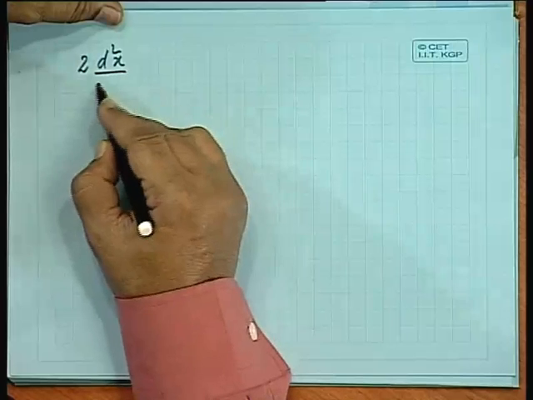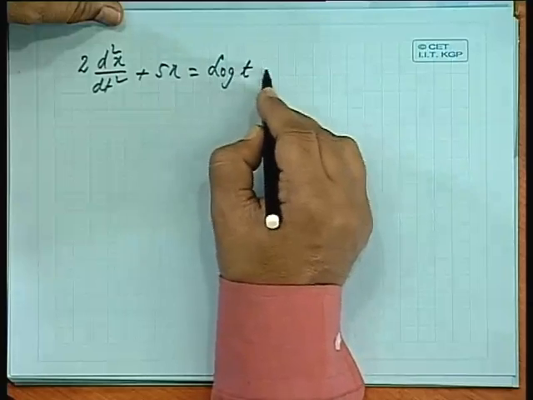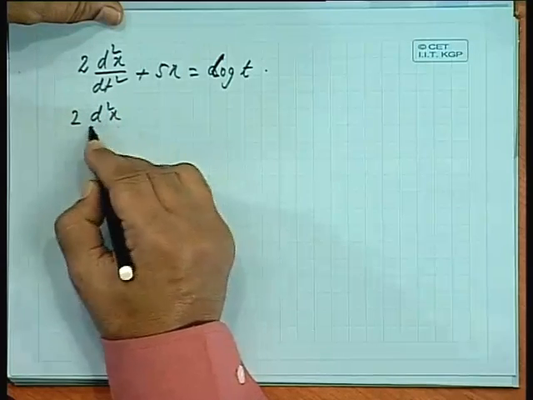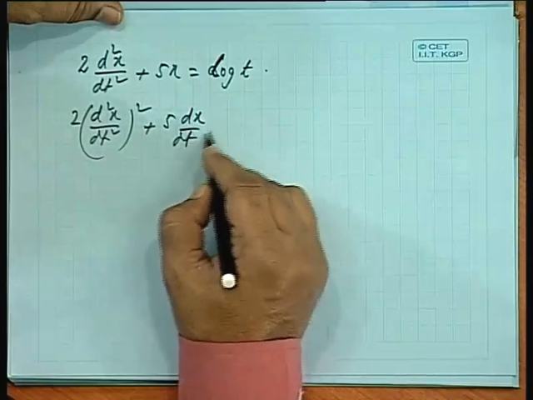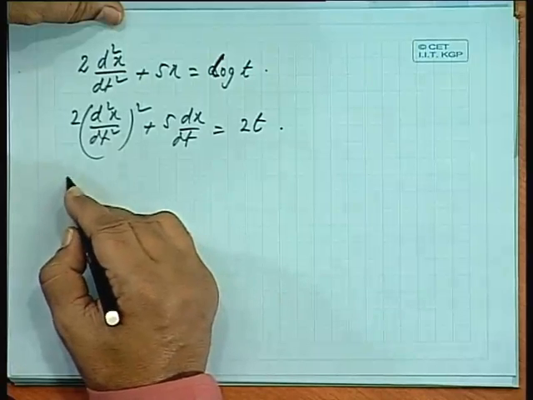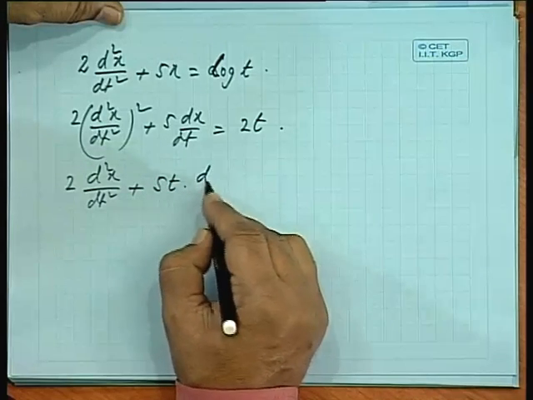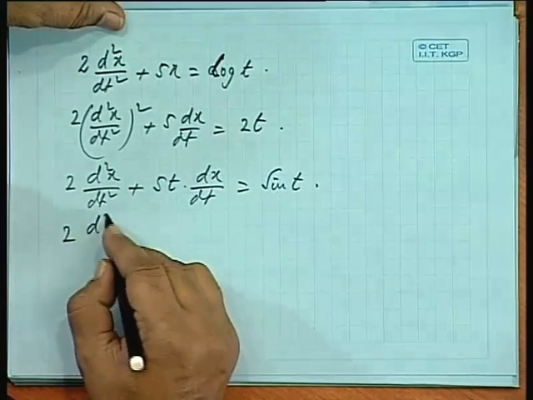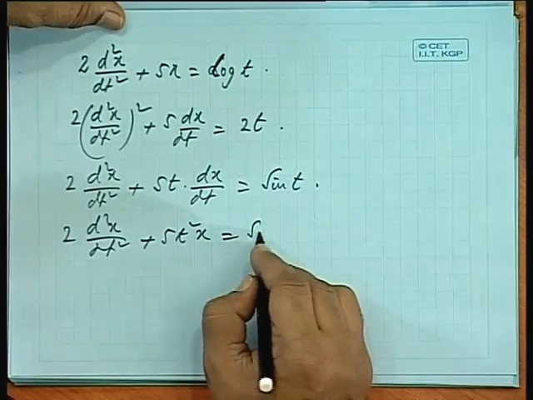In a dynamic system, suppose you have differential equations: d square x by dt squared plus 5x is equal to log of t; or 2 into d square x by dt squared, whole squared, plus 5 dx by dt is equal to 2t; or 2 into d square x by dt squared plus 5t into dx by dt is equal to sin t; and 2 into d square x by dt squared plus 5 t square x is equal to sin square t.